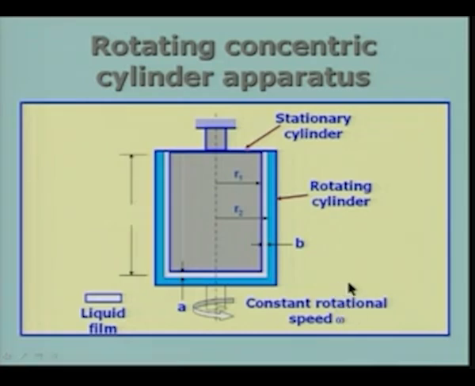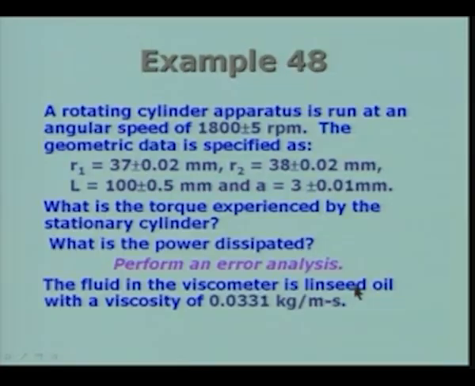So, the problem which I am going to look at is the following. The apparatus shown in the previous slide is run at an angular speed of 1800 plus or minus 5 RPM. This plus or minus 5 RPM apparently is the error in the measurement, or maybe there is a fluctuation in the RPM with respect to time.